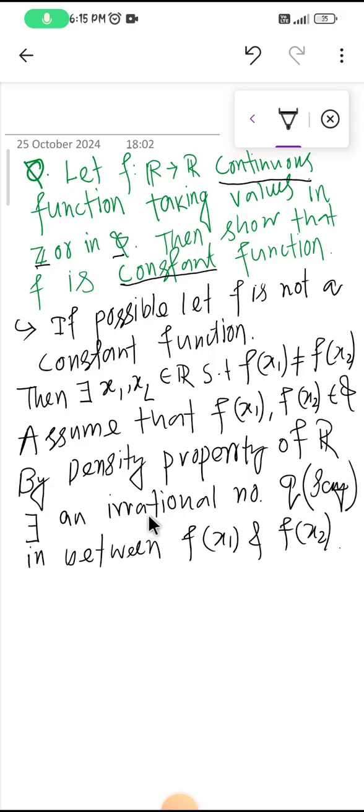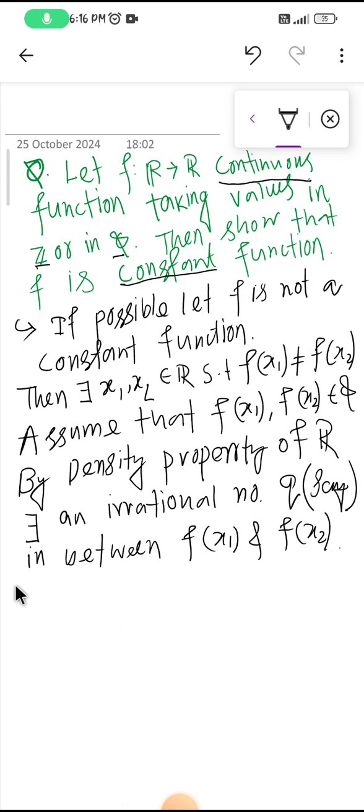The density property says that there is an irrational number between any two rational numbers, and also a rational number between any two irrational numbers. So since f of x1 and f of x2 belong to Q, in between these two points there is an irrational number q.